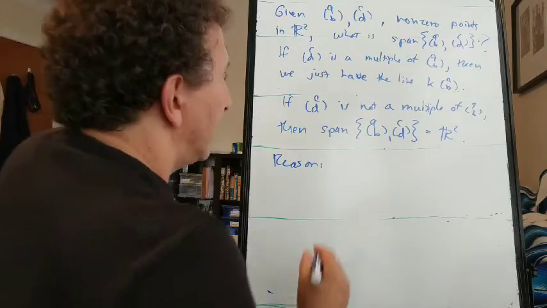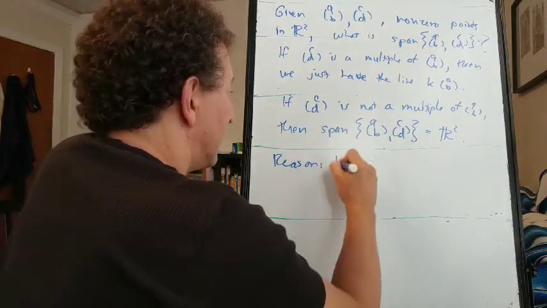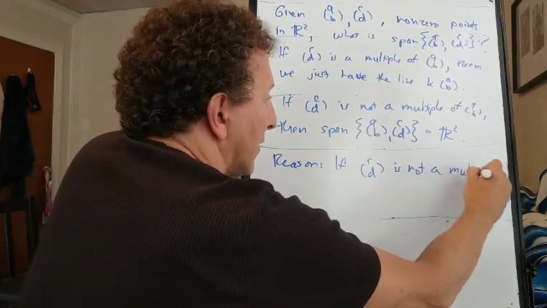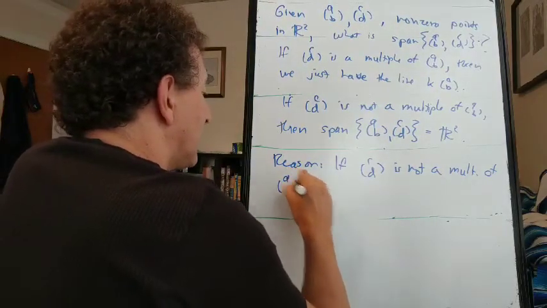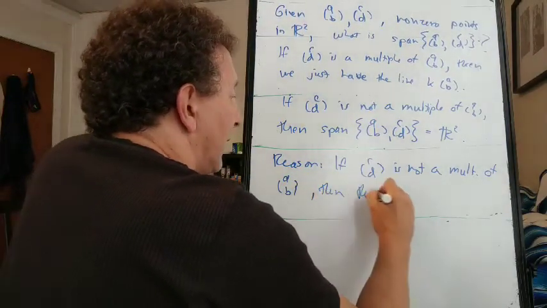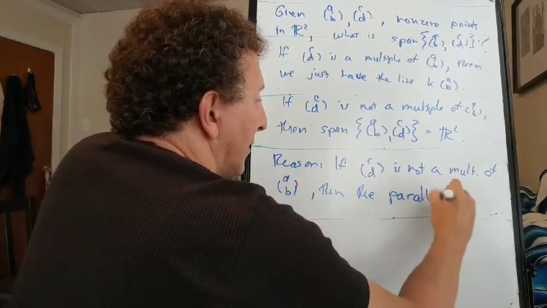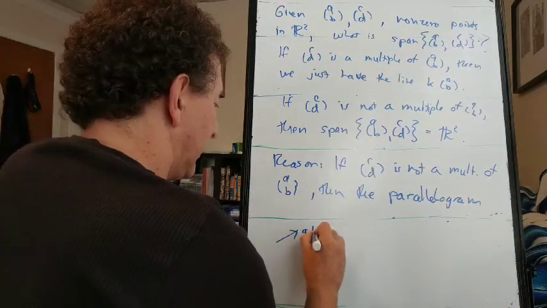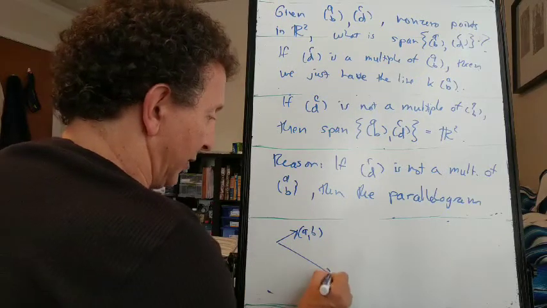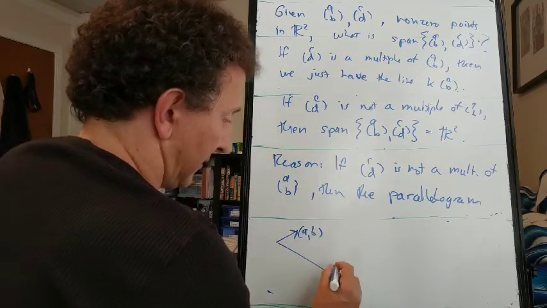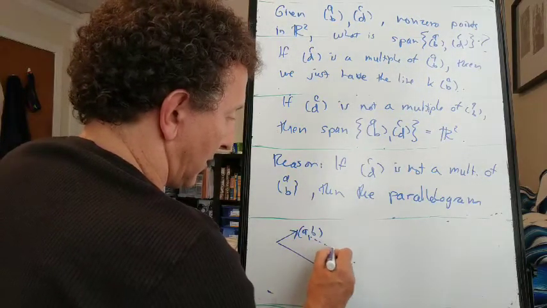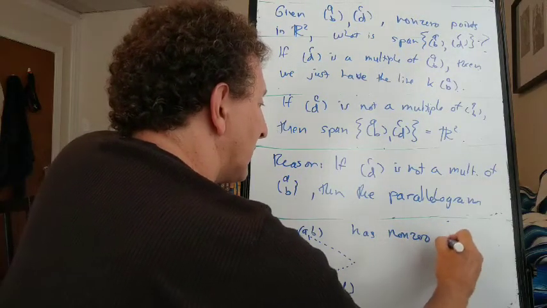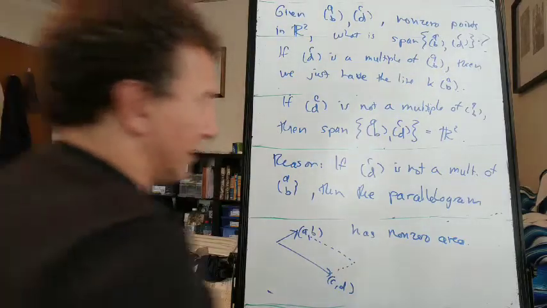The reason is, if (c, d) is not a multiple of (a, b), then the parallelogram that we get by putting one arrow to (a, b) and one arrow to (c, d) has non-zero area.